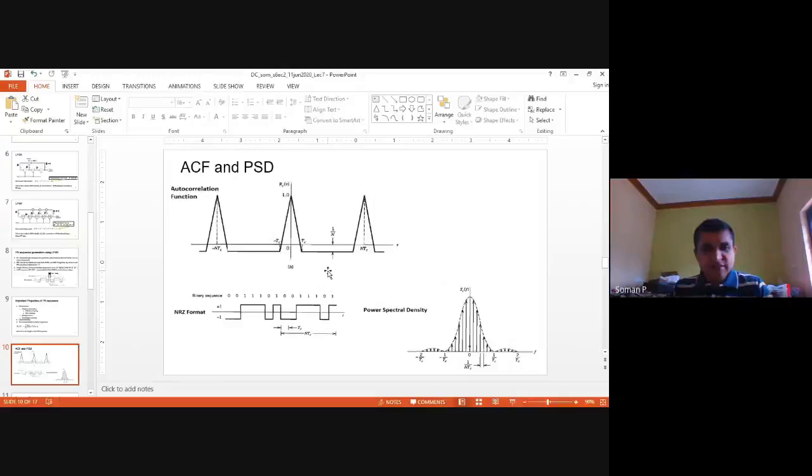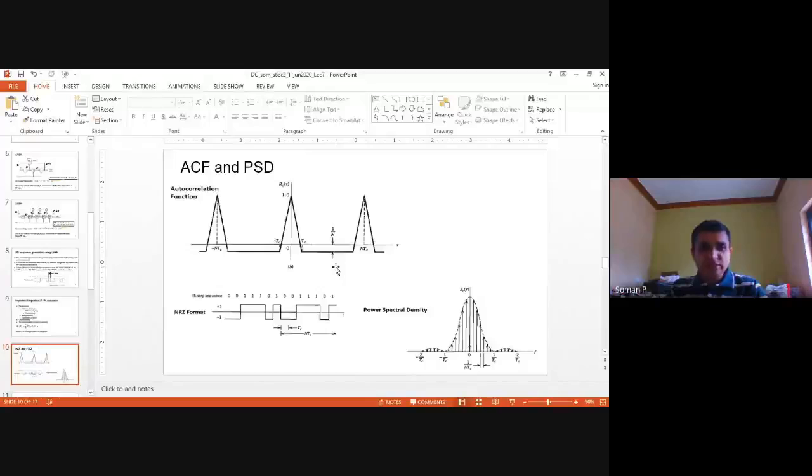What does this mean intuitively? It simply means that it is highly random. There is no correlation between one sequence and its time shifted sequence. That is the requirement in a spread spectrum. So it is similar only to that waveform and not to any time shifted waveform. That is why its correlation is a negative value. It is minus 1 by n, which is very low.